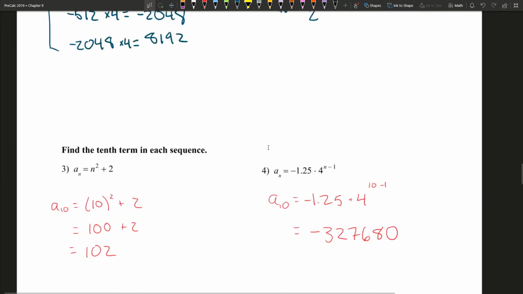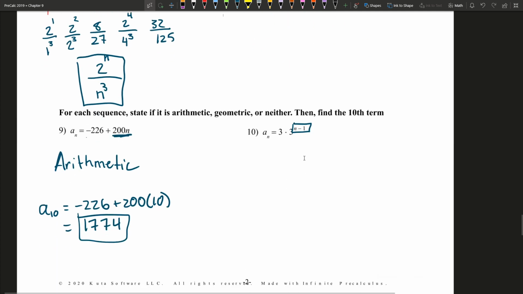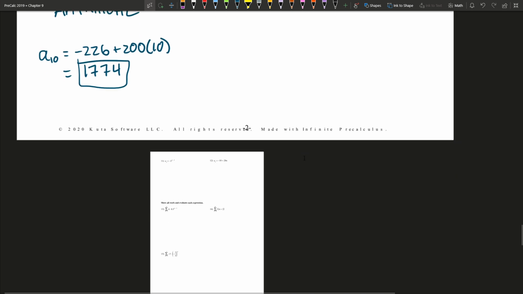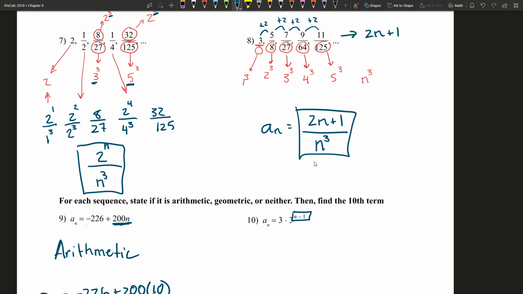I'll come back to that. I screwed that up a little bit. So we'll come back to that in a second. Actually, this is 2n plus 1. So you're right. The trick is getting what you know is happening into math terms.